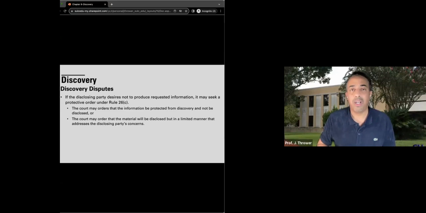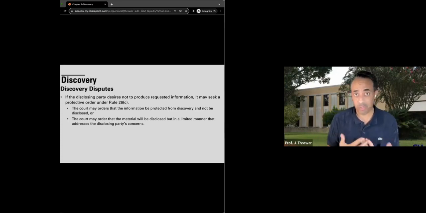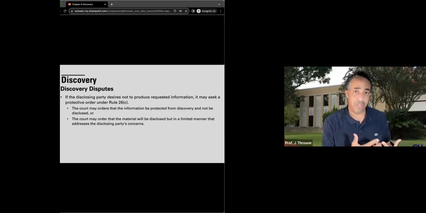If a disclosing party suggests that the information being requested is privileged, then the court may order that the information be produced under a privilege log, or it may order that the information be produced in camera, meaning that it's not made a part of a public record, but it's only produced for the court to review in his or her offices, and then required to be shielded from any further disclosure from that point.